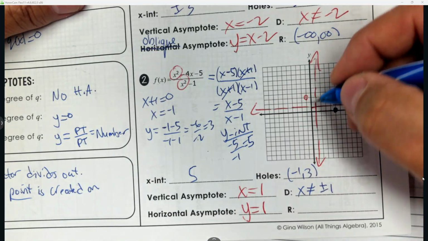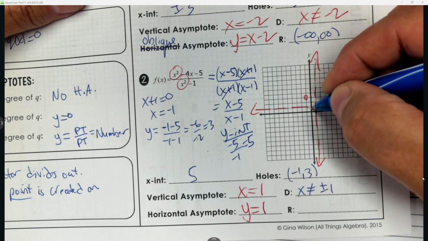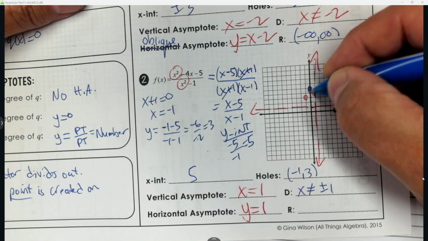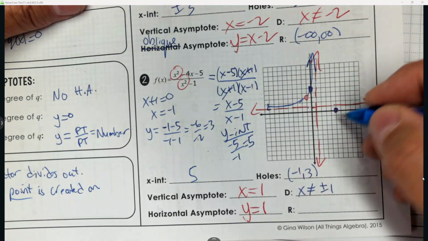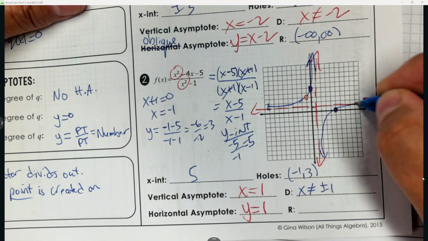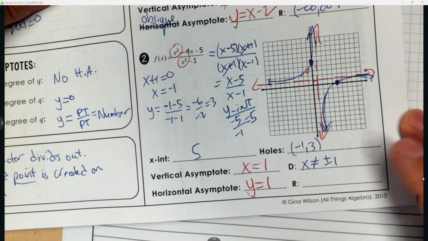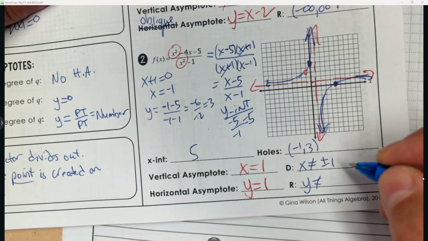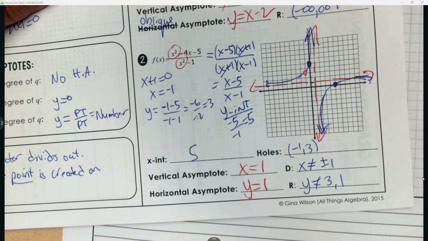Divide, that gives me 5. And then I can draw the curve with the hole. This is going to have some symmetry this way. The range is the y-coordinate of the hole and the horizontal asymptote.